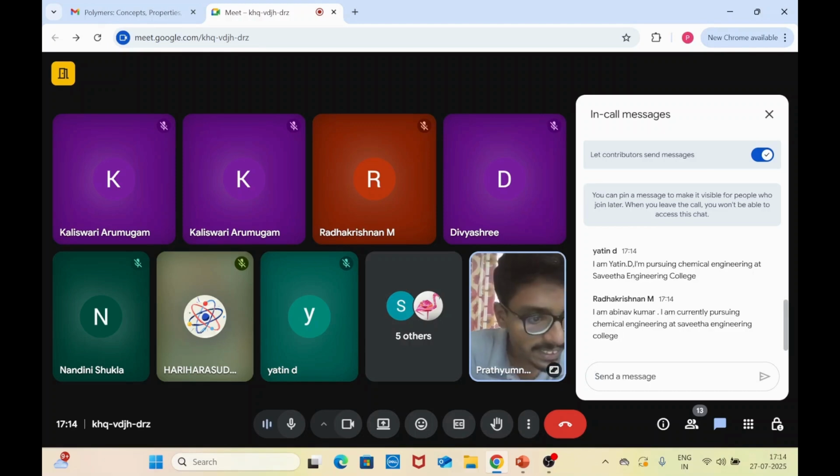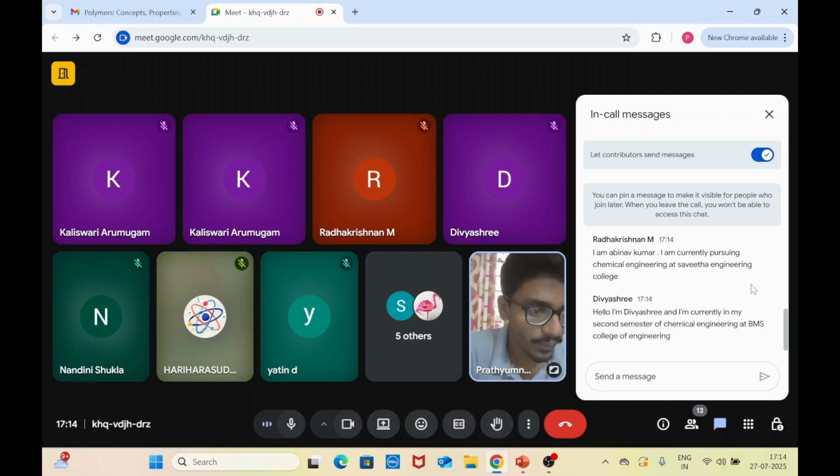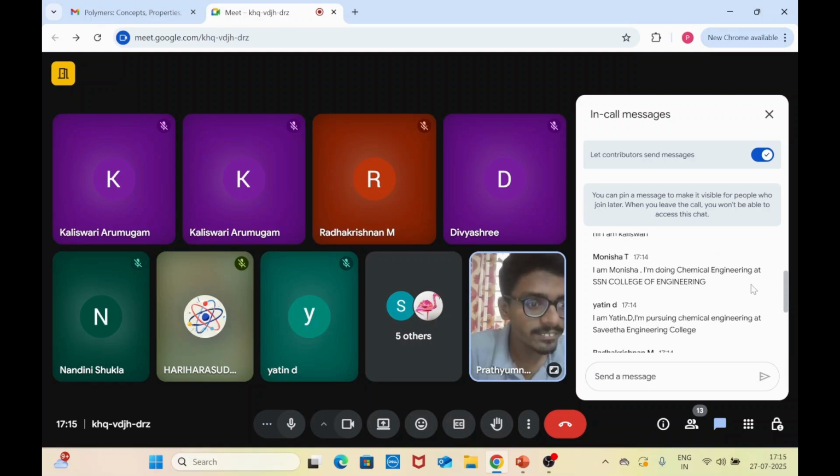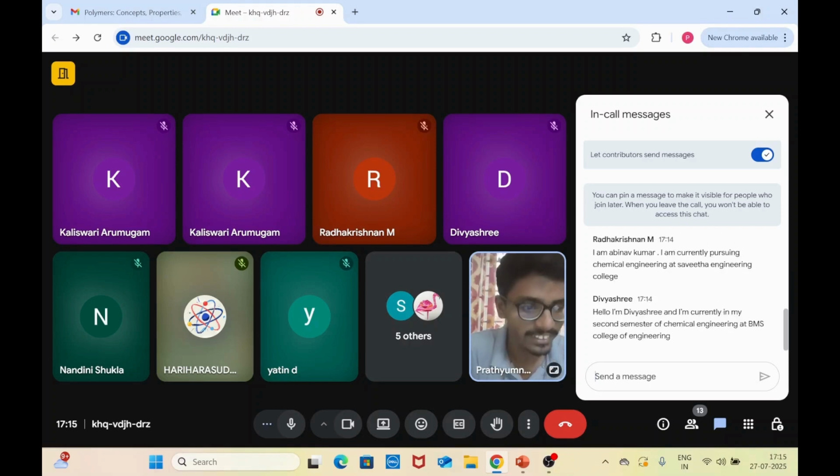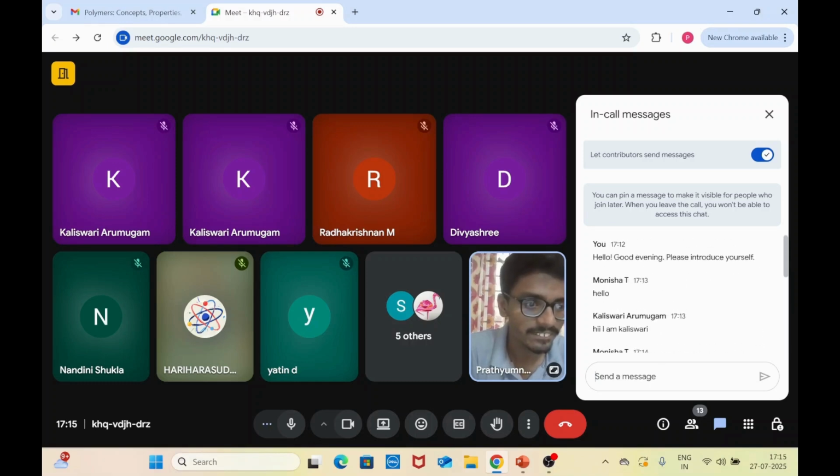Okay, Abhinav is saying he's also pursuing chemical engineering at Savida Engineering College. Divyashri, she is also in the second semester of chemical engineering at BMS. Nice. Yatin is saying he's also pursuing chemical engineering from Savida. Okay, that's nice.